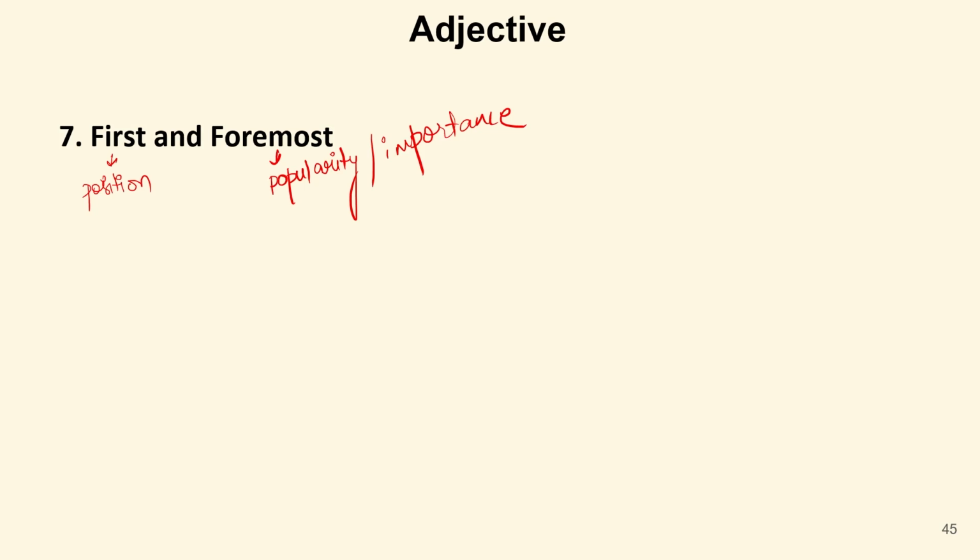That was the first class that I took online. But this is the foremost lecture that I give. So first and foremost are divided on the basis of position and popularity. So this is the difference between first and foremost.